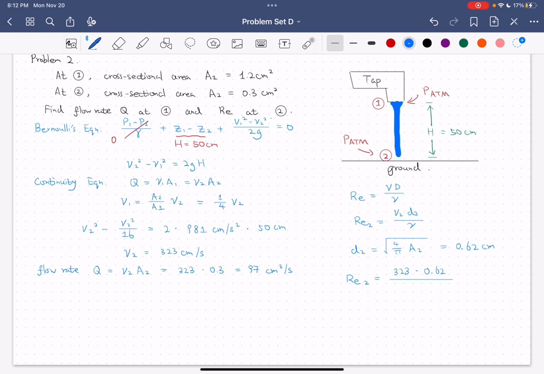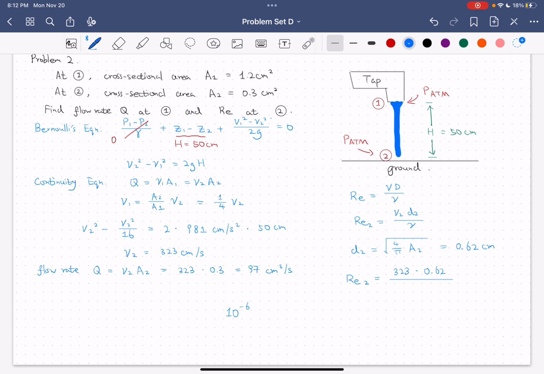Since we are using centimeters as our unit, we need to convert the viscosity. So this is the viscosity written in terms of meters, and now we need to convert it to centimeters.